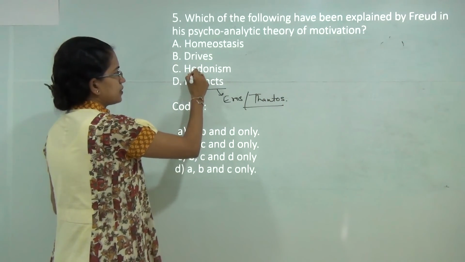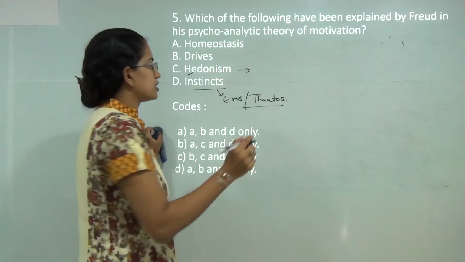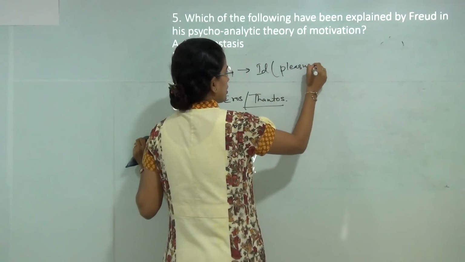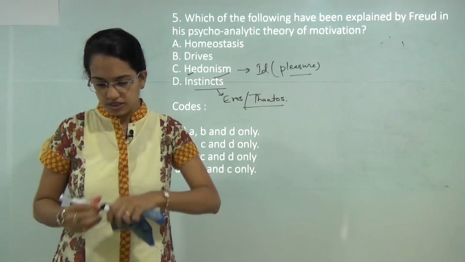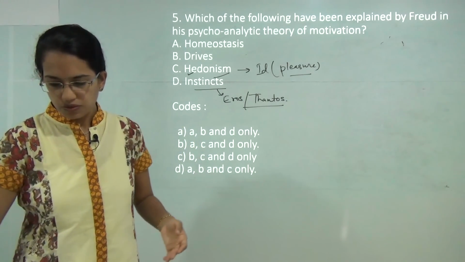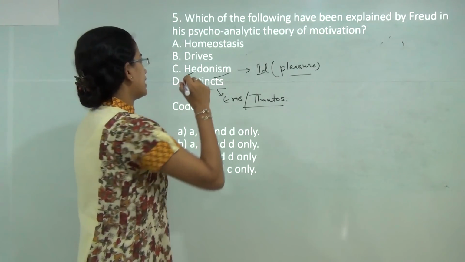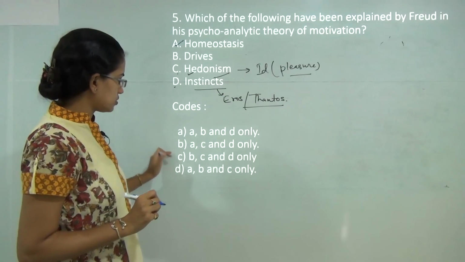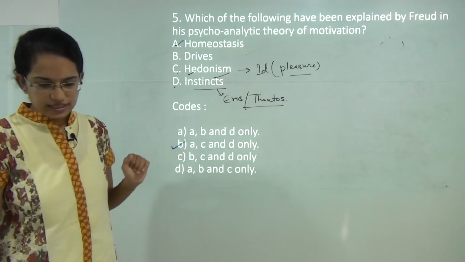The next is hedonism, which is a base for the concept of id, ego and superego. Under id, it follows the pleasure principle, and what he tried to explain under hedonism was the pleasure feeling or the phenomena associated with pleasure. And finally homeostasis, that is trying to maintain balance. So A, C and D are the correct choices, and that's B, which would be the correct answer in this case.